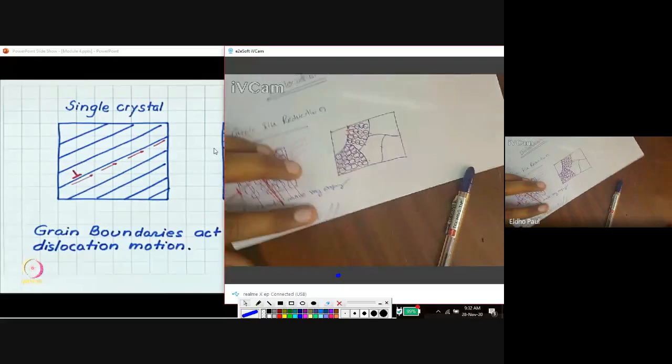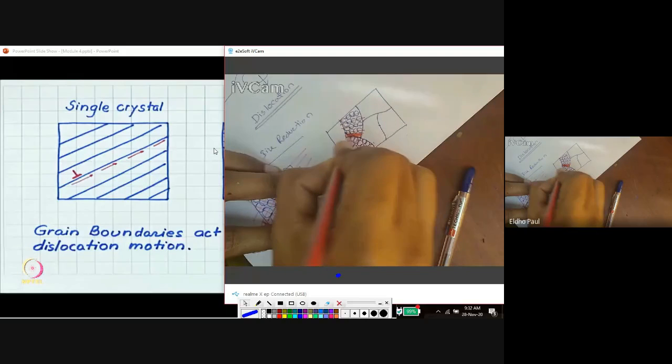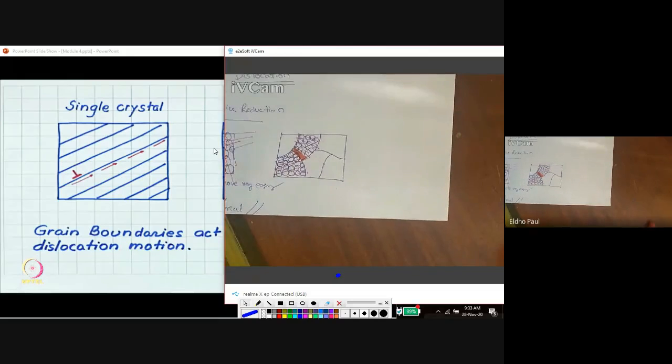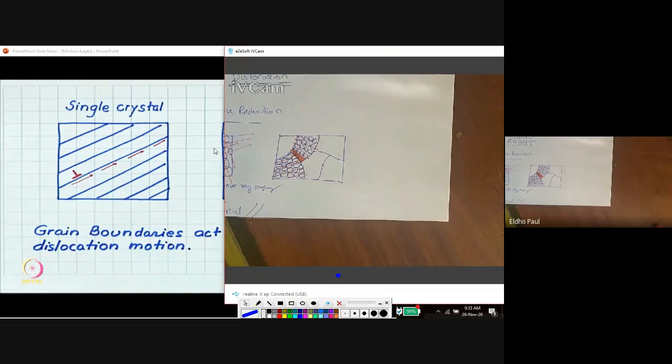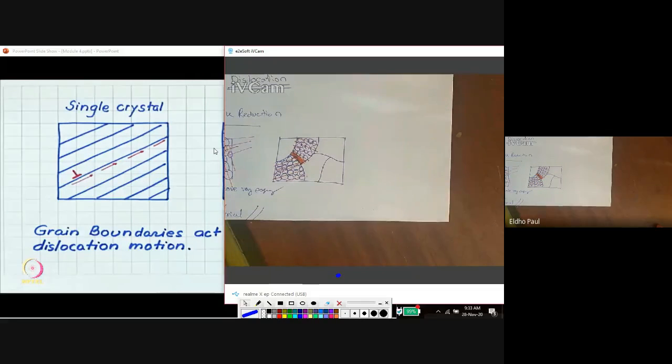In between we have a region where the atoms are loosely packed as well as misoriented, and the atoms are loosely bonded with the adjacent atoms. That area is called the grain boundary area.